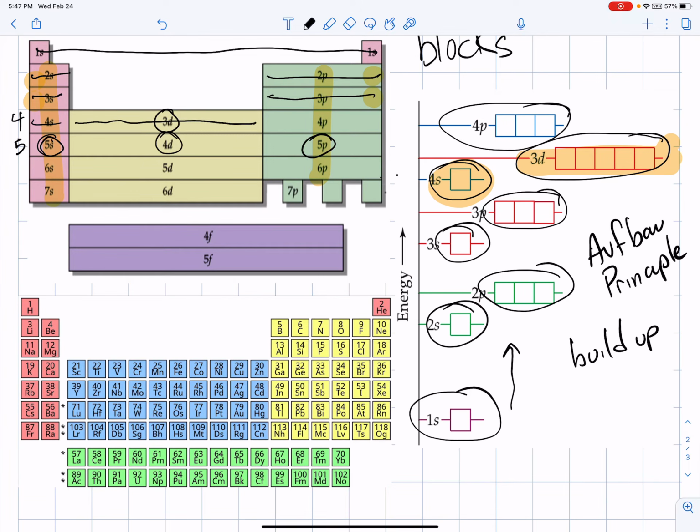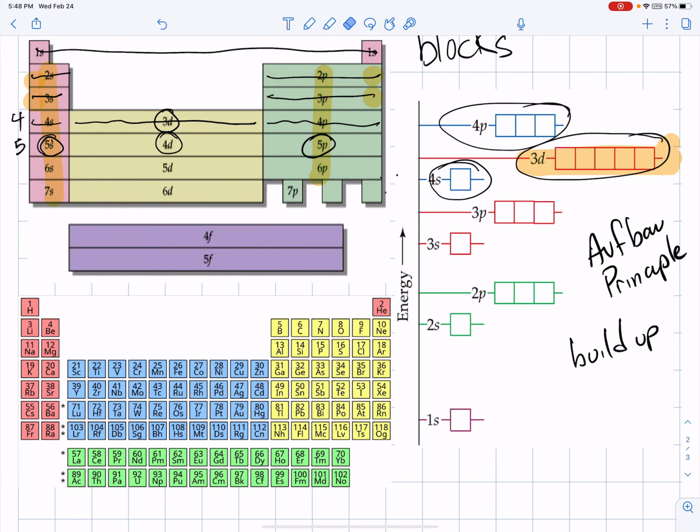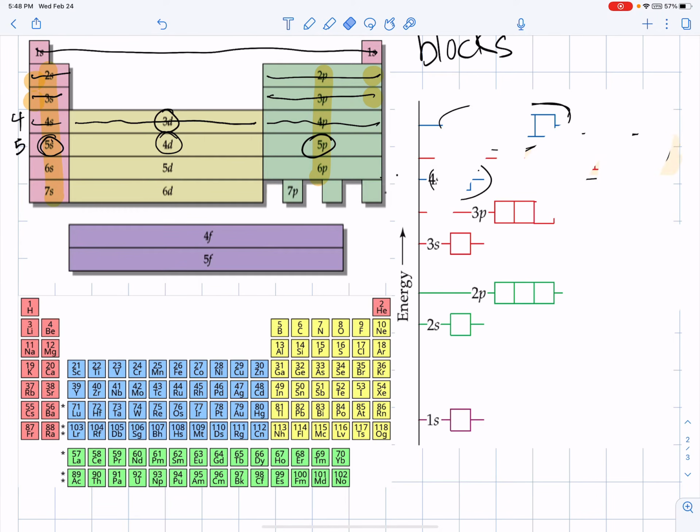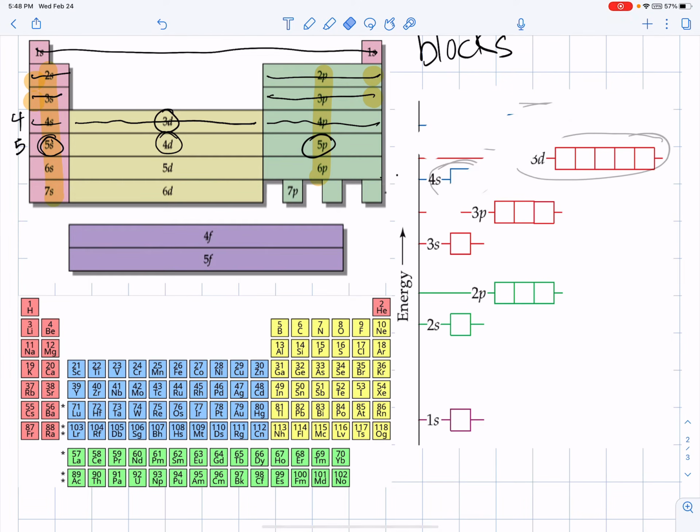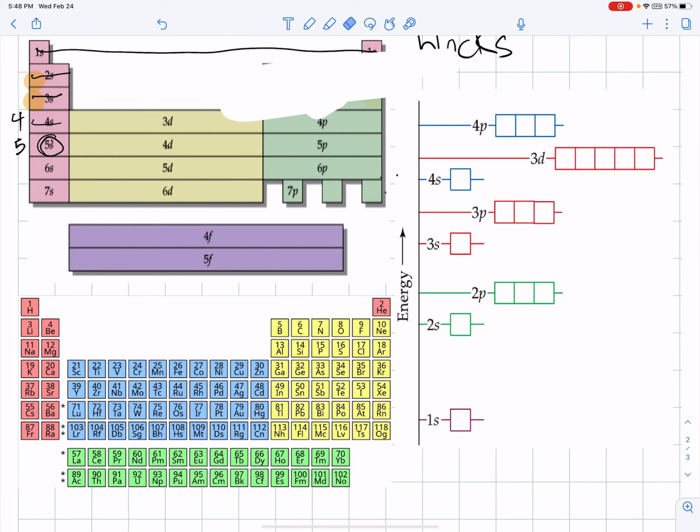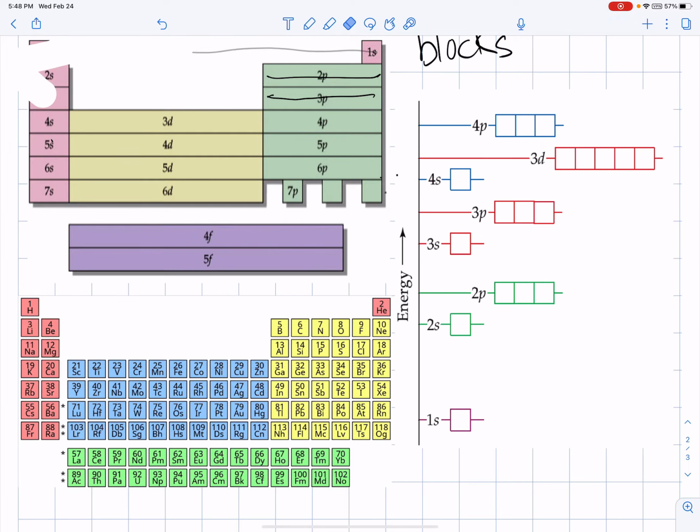And when 3d is filled, then comes 4p. So you can see that the way we understand the Aufbau principle, starting filling orbitals at the lowest energy level and building up, comes right out of the periodic table if you recognize all the different sublevels and the different energy blocks. If you know where they are on the periodic table, you don't need to know that diagram on the right-hand side of the slide here.